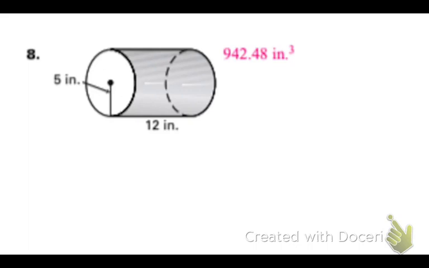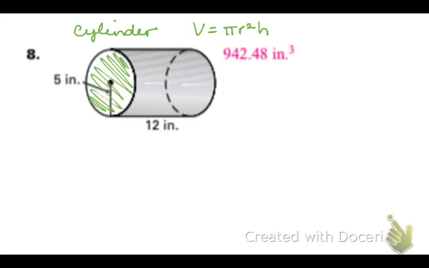Next I said I would do number 8. 8 is obviously a cylinder. The formula for the volume of a cylinder is V equals pi r squared h. And why pi r squared? Because the base is a circle. Here's my circular base right here. So I need to find the area of that circle, and my formula for the area of a circle is pi r squared.